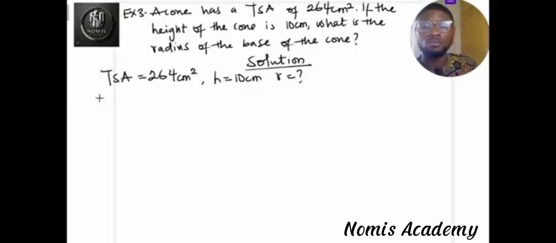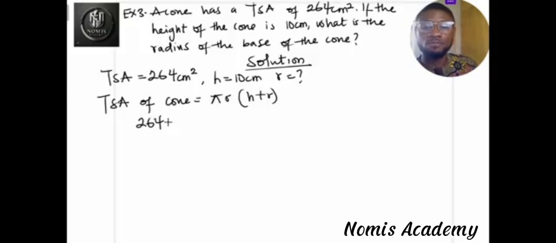So we can state our formula that total surface area of a cone is pi r open bracket h plus r. So total surface area has been given to be 264 centimeters squared, equal to 22/7 multiplied by r open bracket 10 centimeter plus r. We're looking for r.